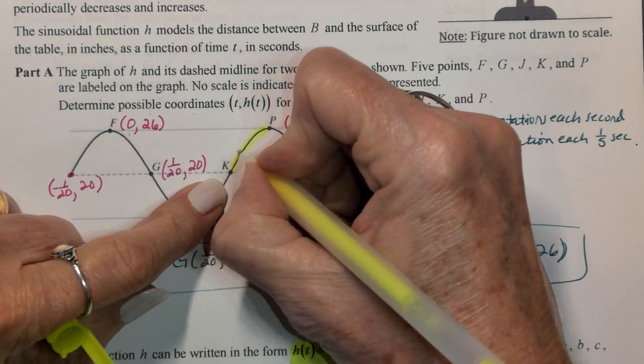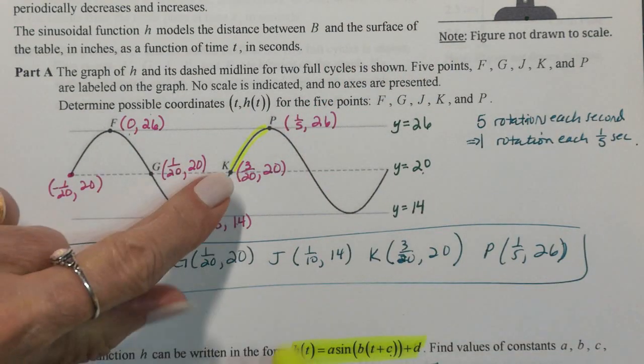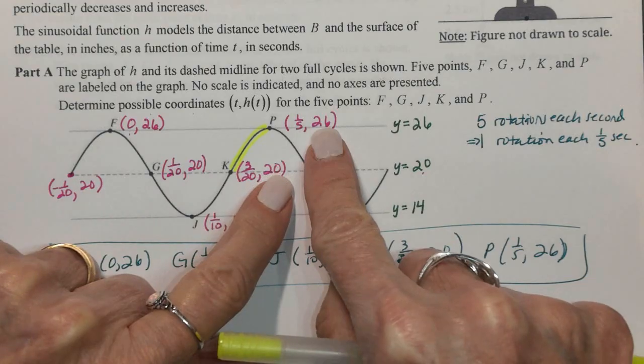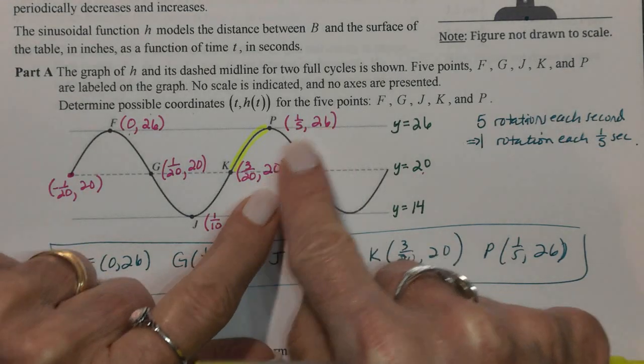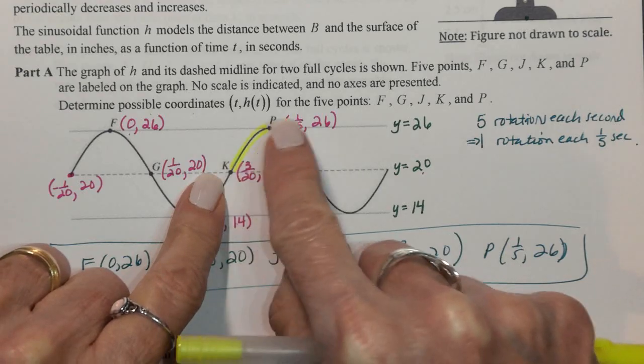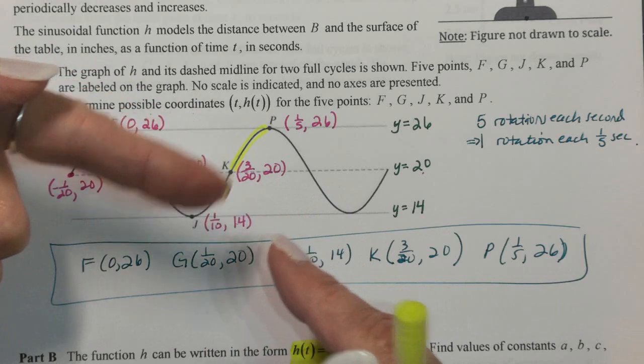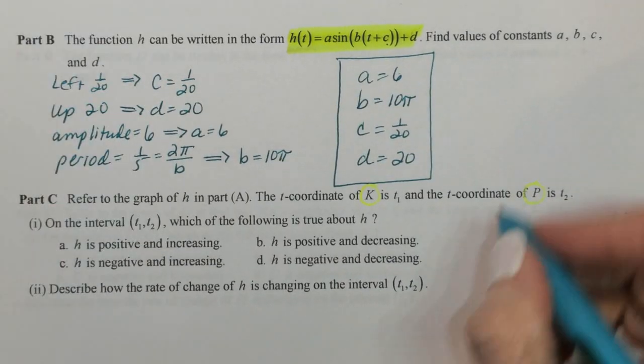There's that part of the curve from K to P, and I notice that from K to P my function values are positive, they are increasing, and they are concave down. So positive, increasing, concave down.